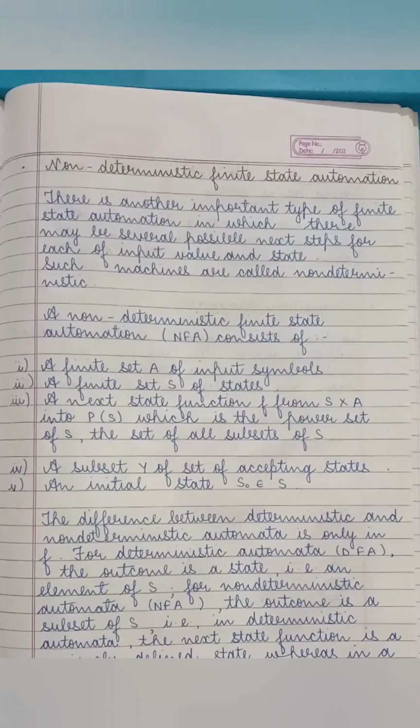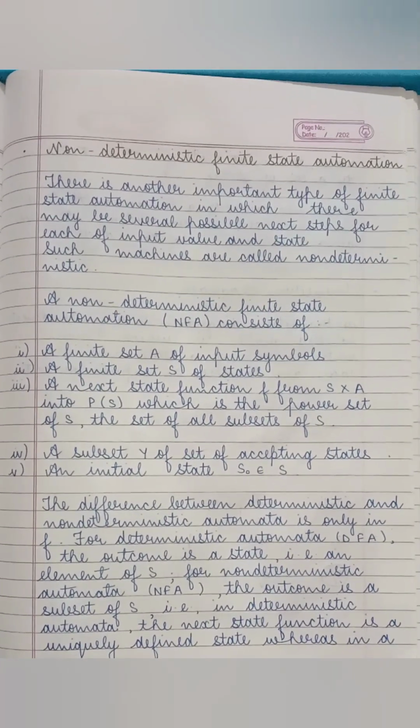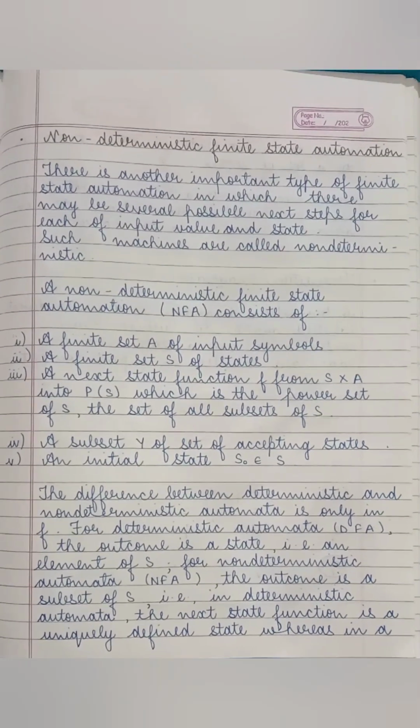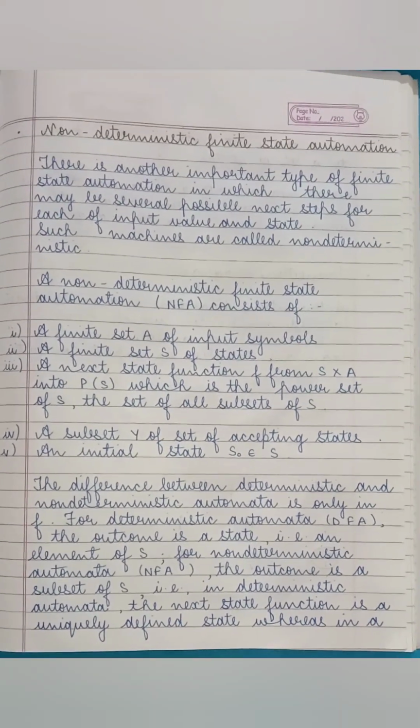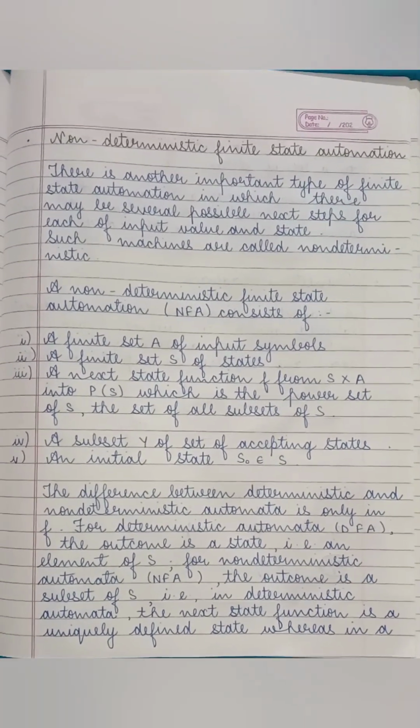Non-deterministic finite state automaton. This is another important type of finite state automaton in which there may be several possible next steps for each input value and state. Such machines are called non-deterministic.